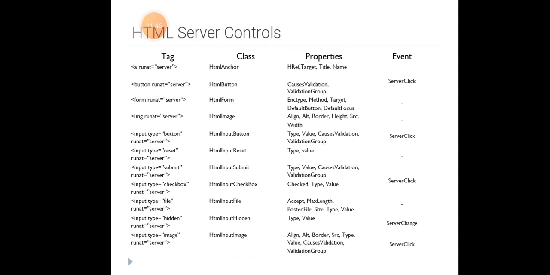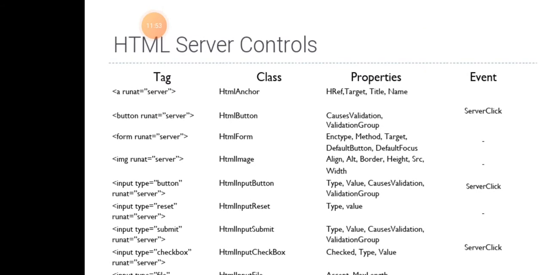Next, here we see what the tag is, what the class is, what the properties of each control are, and what the events are for each control. First, we are going to see the HTML server controls. First is HtmlAnchor. The HtmlAnchor class is nothing but the anchor tag, that is, the hyperlink.